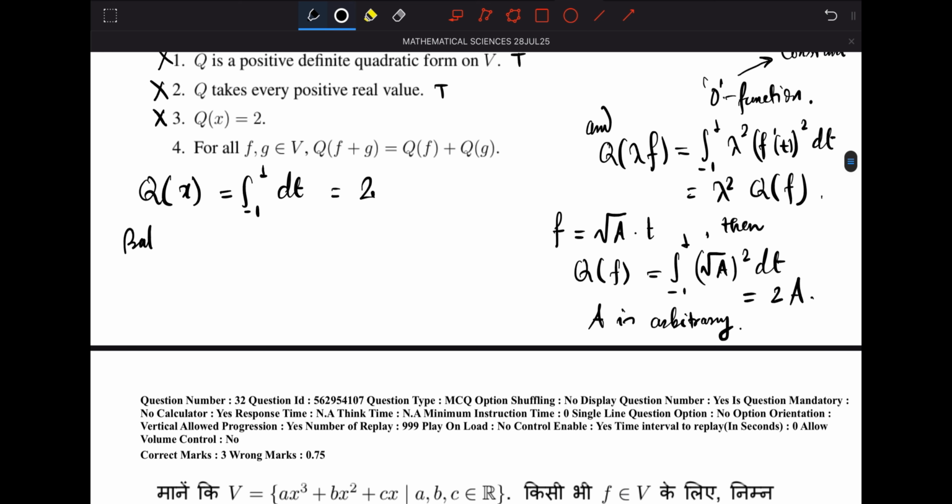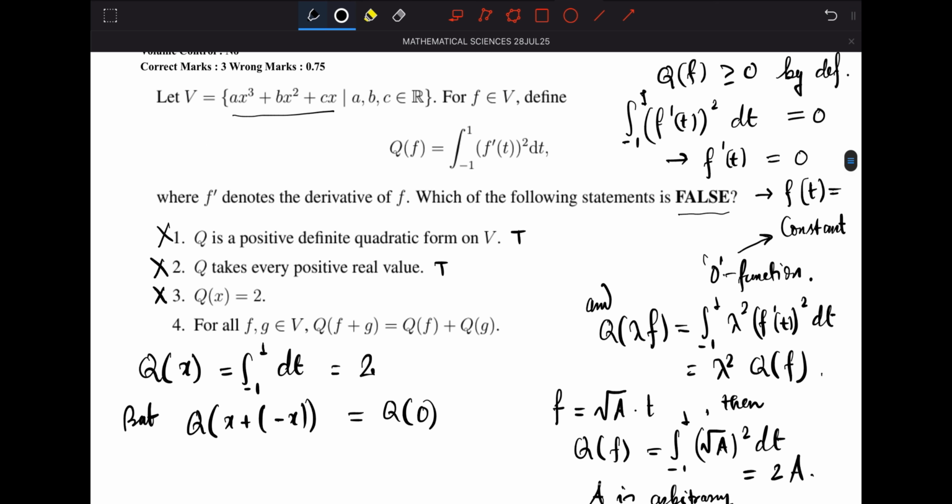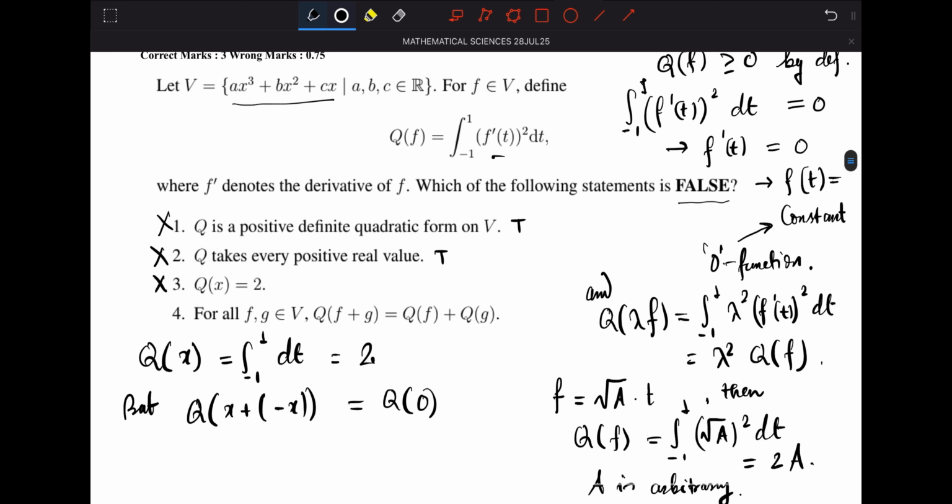But Q of x plus minus x equal to Q of 0. So Q of 0 is what? By the definition, for the 0 function, f prime of t is 0. So the integral from minus 1 to 1 of 0 dt, which is 0.